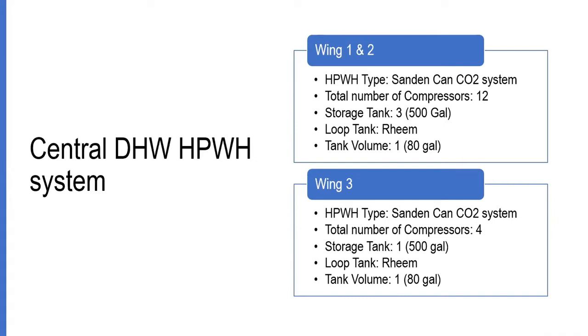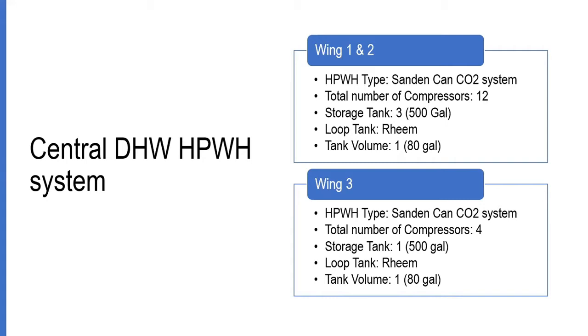Briefly, for our central domestic hot water heat pump water heater system, we have one serving wing 1 and wing 2, and one serving wing 3. Our heat pump water heater type is a Sanden CO2 system. Wing 1 and wing 2 have about 12 compressors. We have 3 tanks that are about 500 gallons, and a Rheem loop tank of about 80 gallons volume.